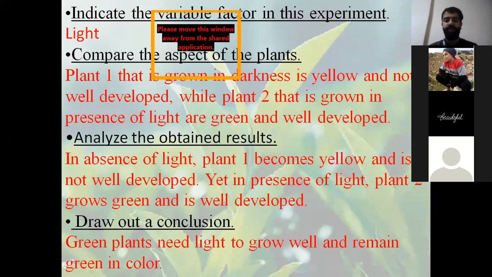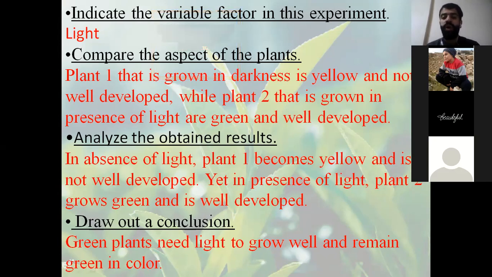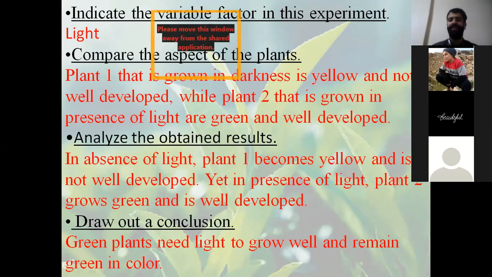Analyze the obtained experiment. You can say in absence of light, plant 1 becomes yellow and not well developed, while in the presence of light, plant 2 grows green and is well developed. Draw out a conclusion, meaning give a conclusion, not to draw. So draw out is the verb.